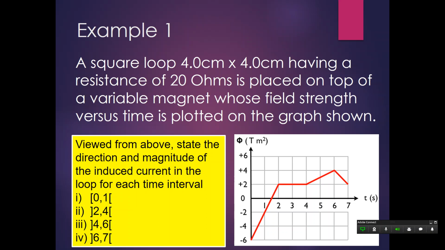So it's negative and becoming less and less negative until it becomes positive, and then it increases in the positive direction and stays positive. It's very downward, becoming less and less downward until it becomes positive, then more and more positive. So let's deal with that part first.